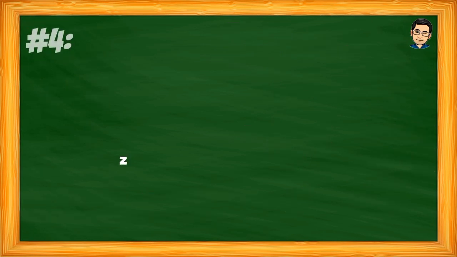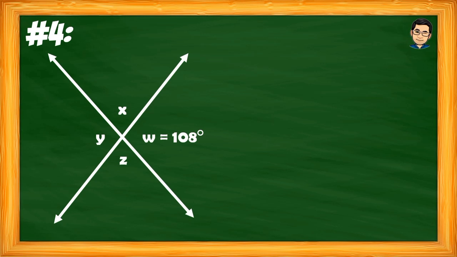So, for our last example, meron po tayo ditong two intersecting lines. So, kailangan po nating makuha yung sukat ng angle X, angle Y, and angle Z. Okay.